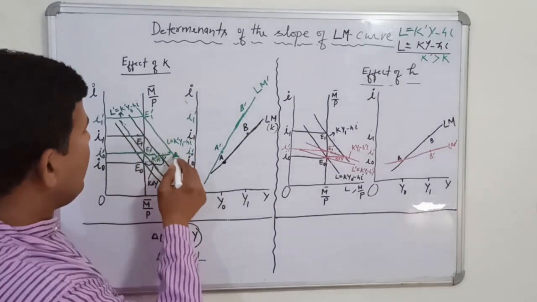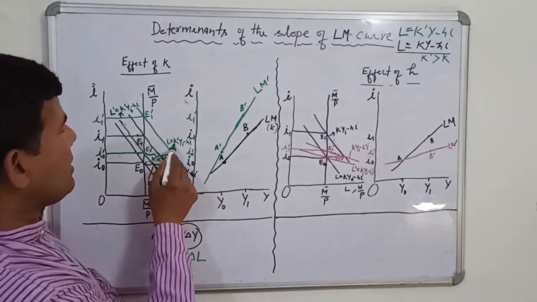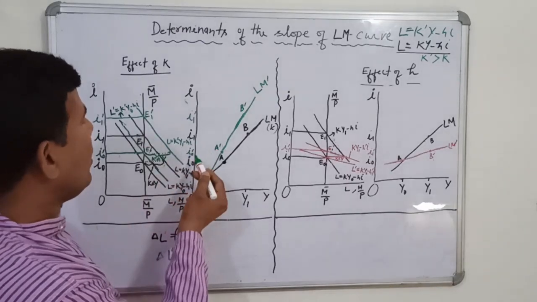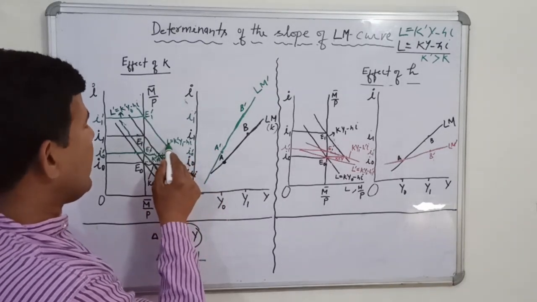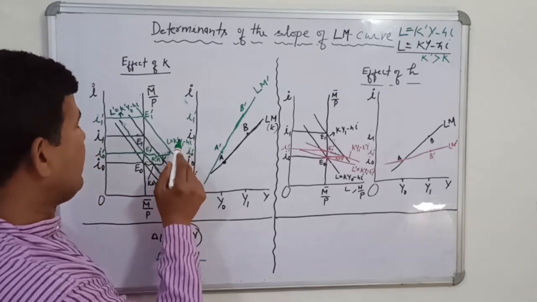This new money demand line corresponding to Y1 income is expressed in functional form as L is equal to K prime Y1 minus HI.